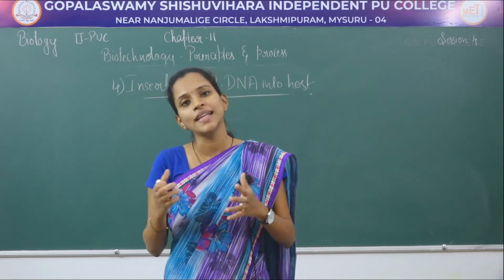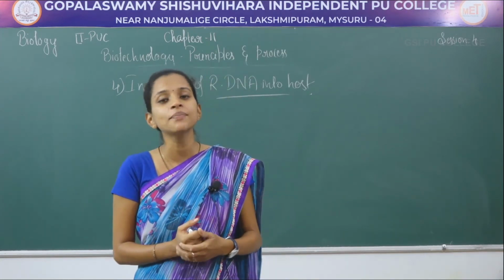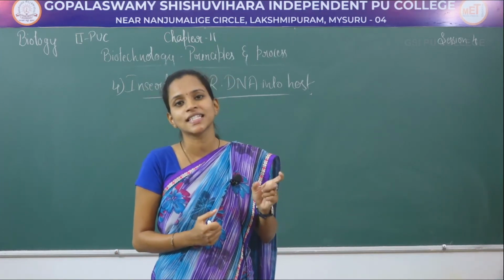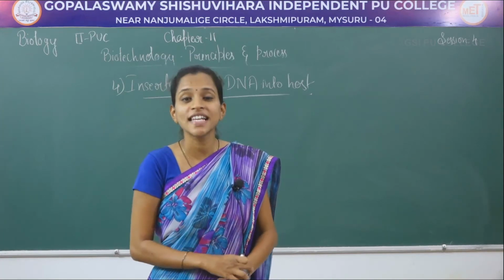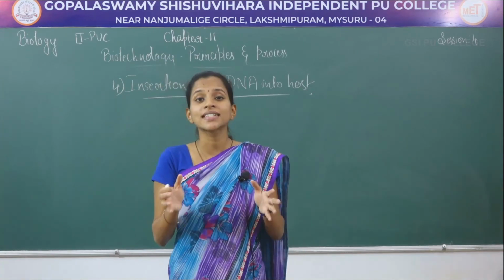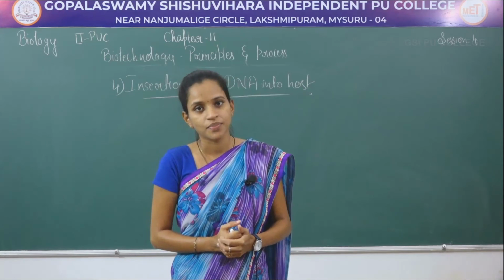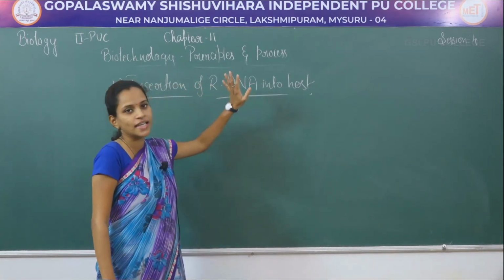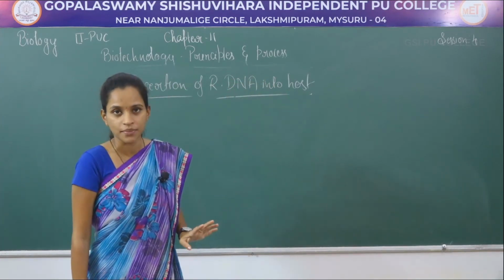Non-transformants will normally die, and the medium should contain the ampicillin antibiotic. So, here the ampicillin resistant gene or ampicillin antibiotic acts as a selectable marker. So, that takes place in the fourth step, where the insertion of recombinant DNA into the host is done.